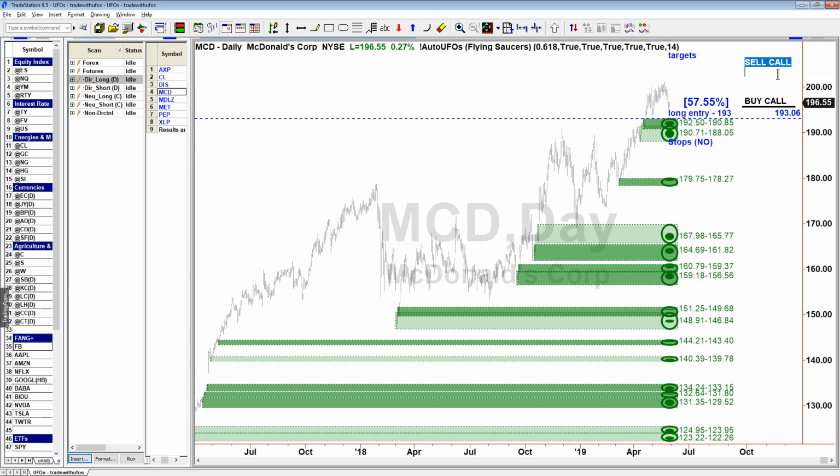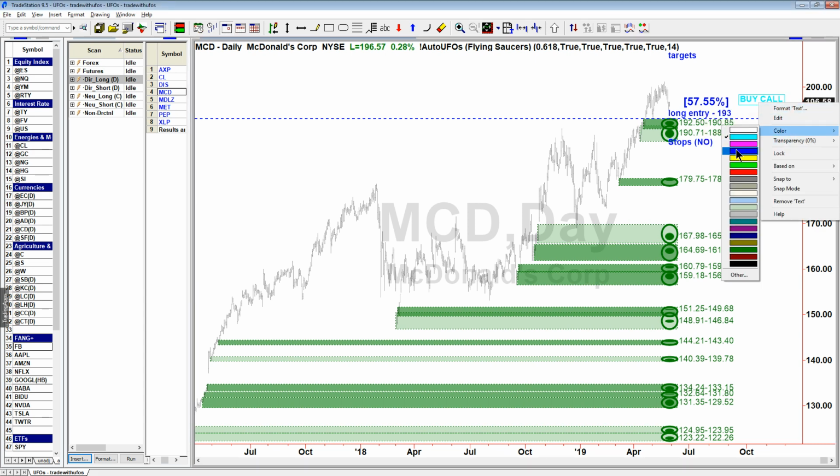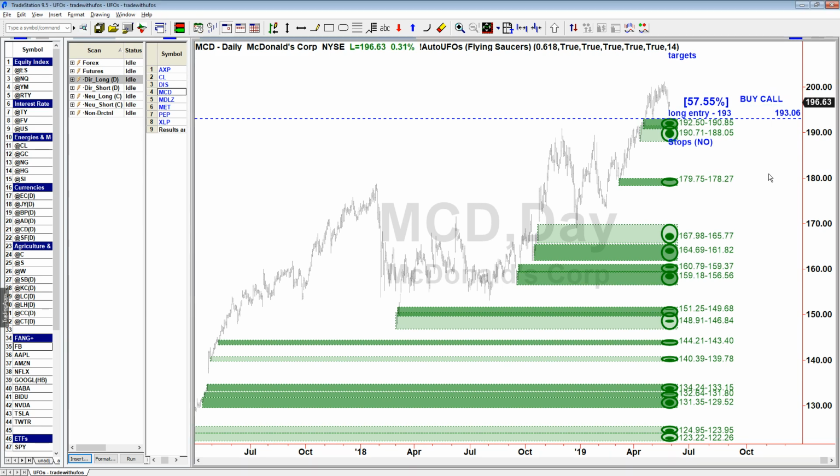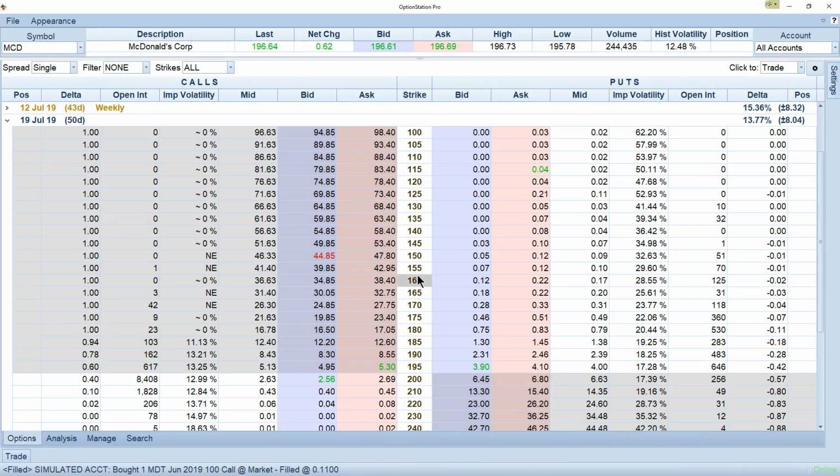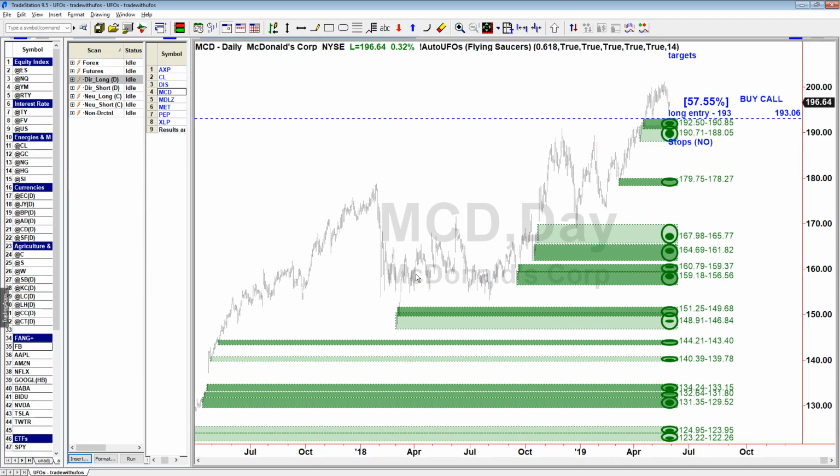But since you don't know where the target is, you're just going to have to buy a call and be happy. That's the most you can do. It's not bad at all, actually. It's a great trade. It's just that with the bull call spread it would be a little cheaper. But you do have the opportunity to make more money because there are no red UFOs.